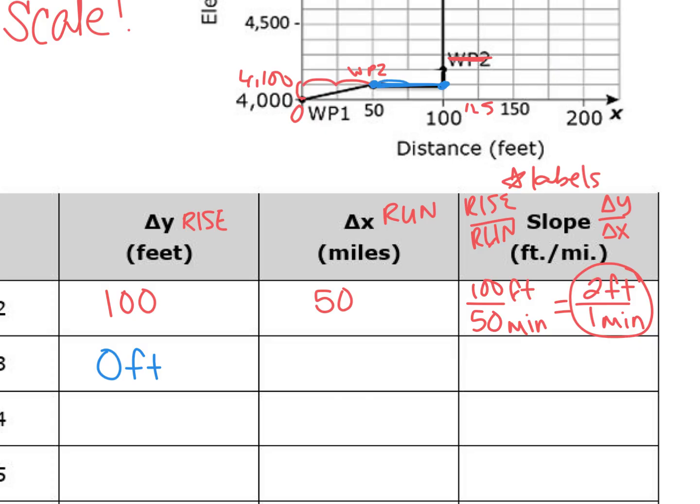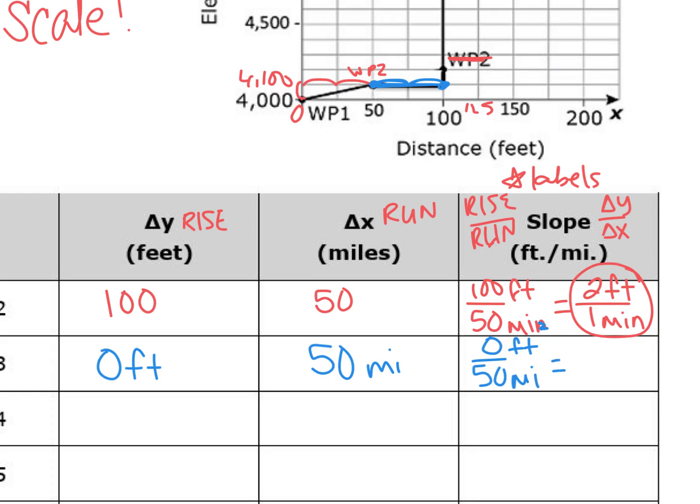We're running not 2, but 25, 50 miles. Okay? So that wasn't minutes earlier, that was miles. I apologize for that. So rise, 0 over run. So 0 feet, 50 miles.